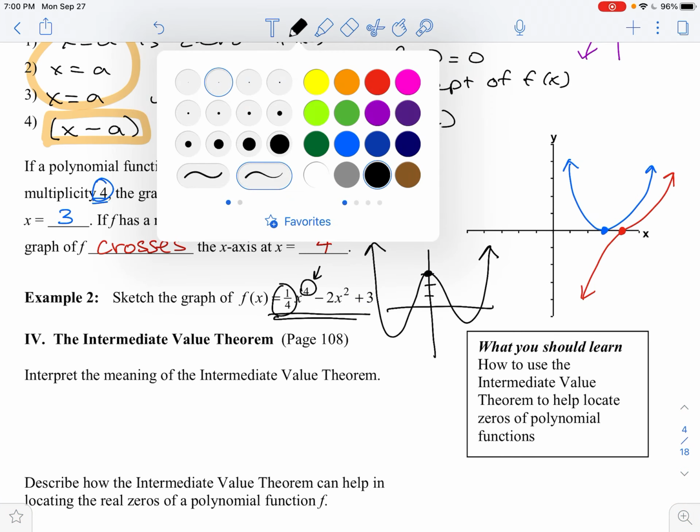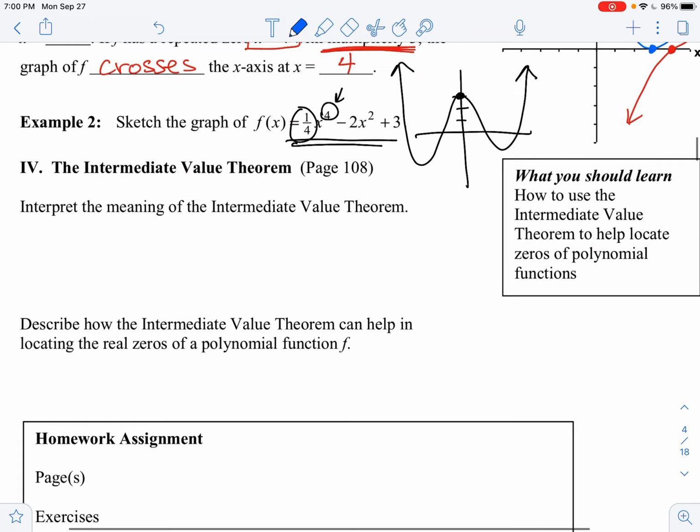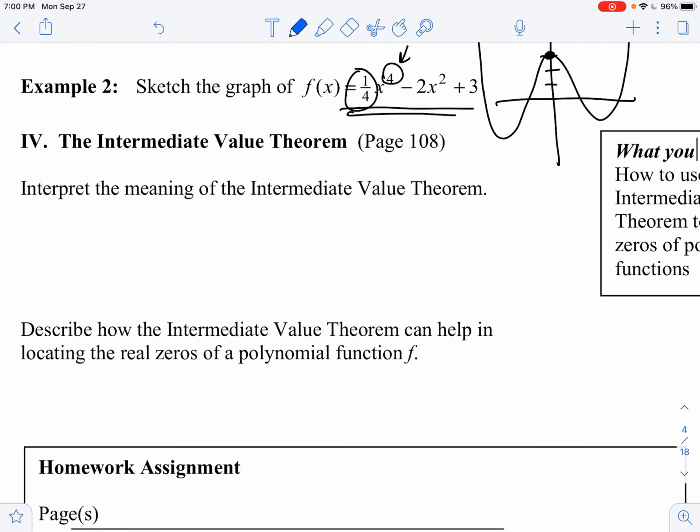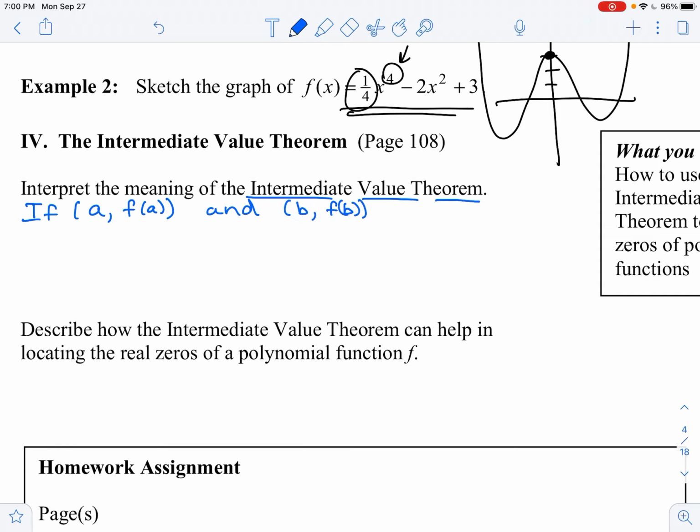All right, almost finished. Let's talk about the intermediate value theorem a little bit. So interpret the meaning of the intermediate value theorem. Here's what this says. If we have some value a for x, then if I plug in x equals a into the function, I get f of a as our y value. Same thing for some value b for x, and then f of b is going to be that corresponding y value. And then, of course, we have to say that f of a does not equal f of b.